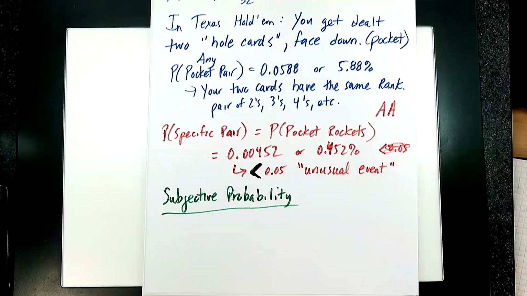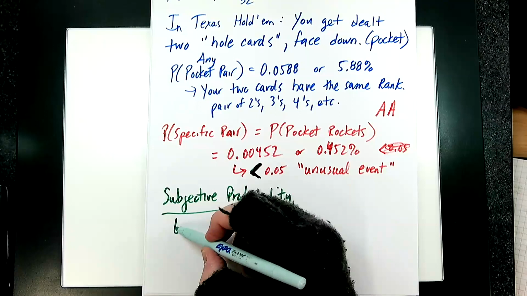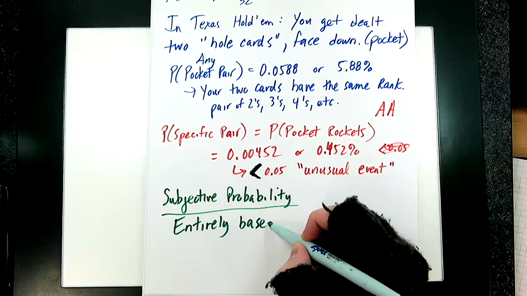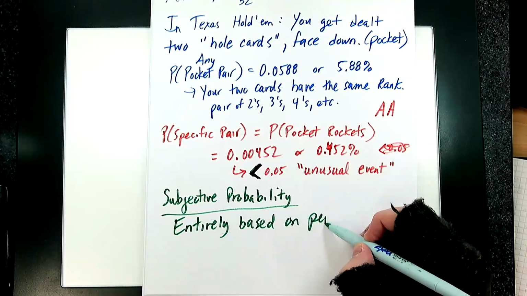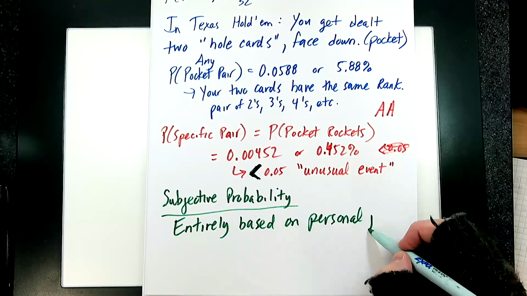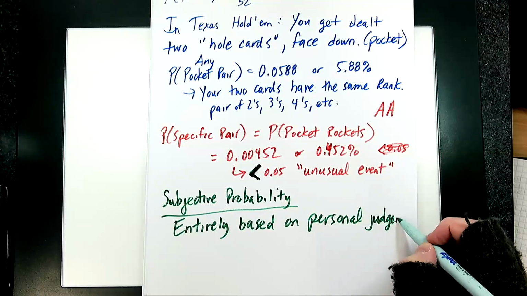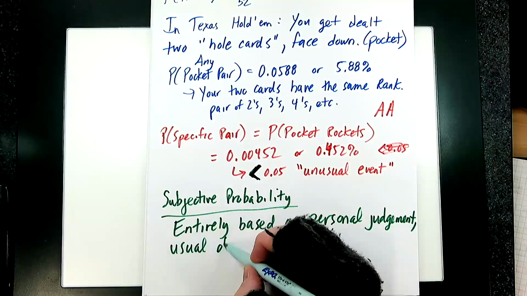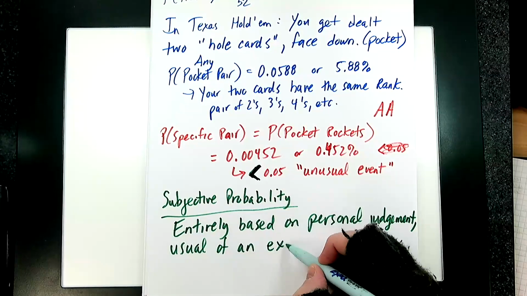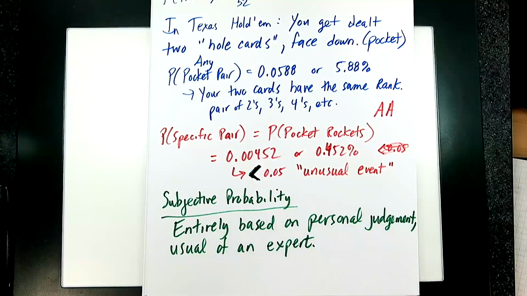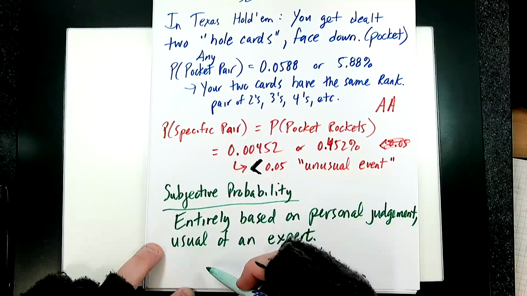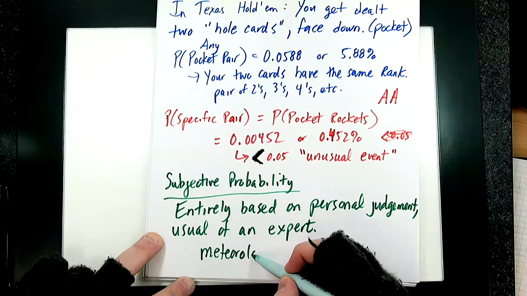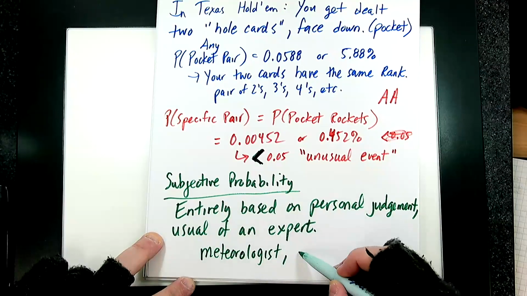Subjective probability is entirely based on personal judgment, usually of an expert, like a meteorologist or an economist.